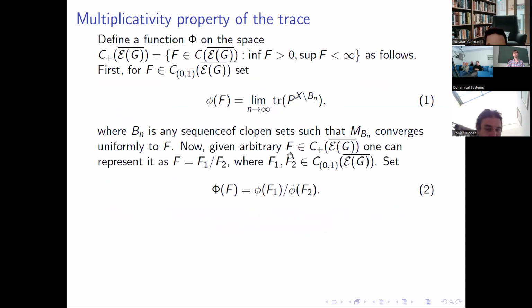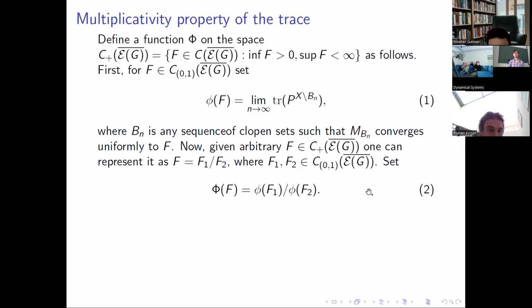And then if we have function capital F, which is now not necessarily with values between 0 and 1, it can have any positive values. We can write it as a ratio of two functions with values between 0 and 1, and define capital phi of f as a ratio of phi of f1 and phi of f2.